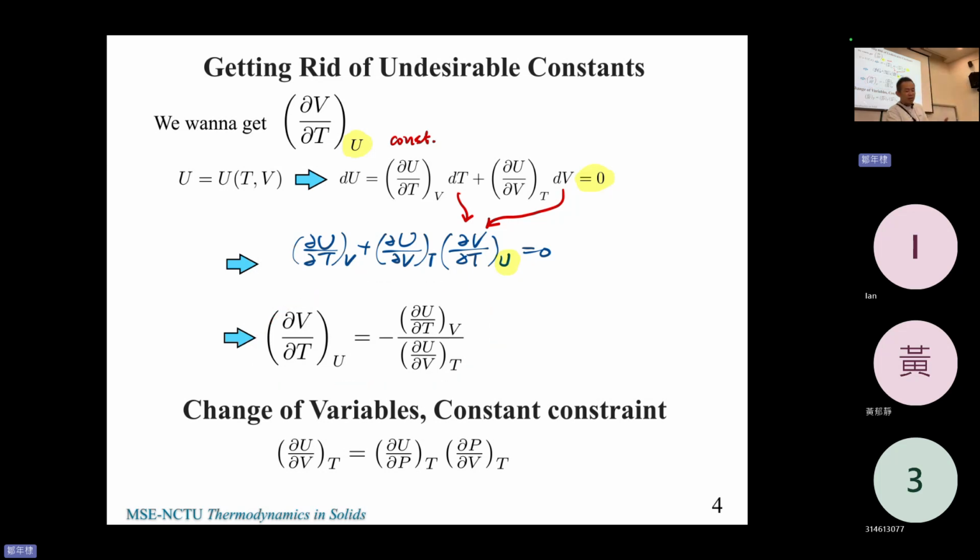Don't you think this is really similar to the cyclic rule? Very similar, but it also tells us how to get rid of undesirable constants.